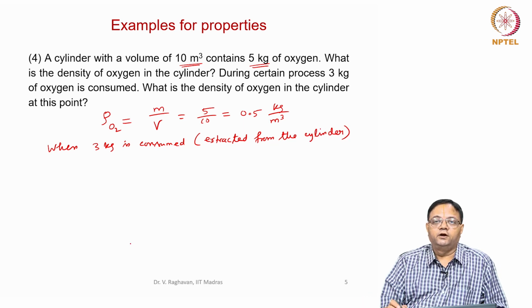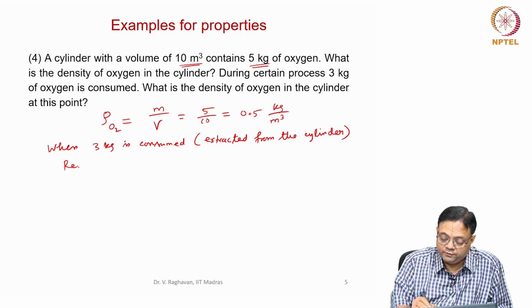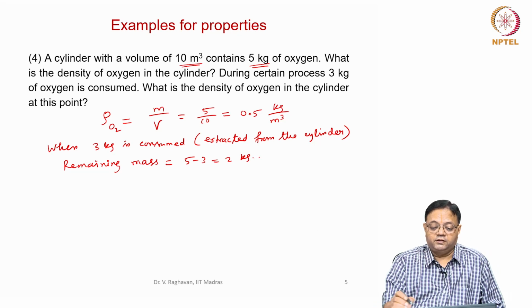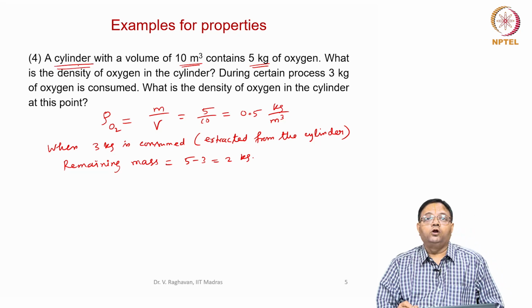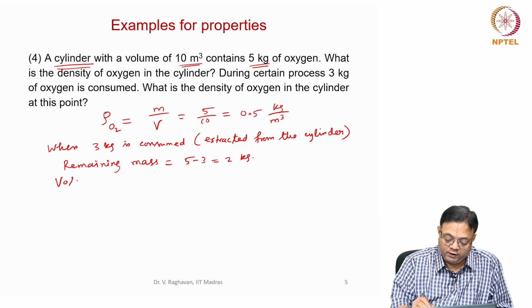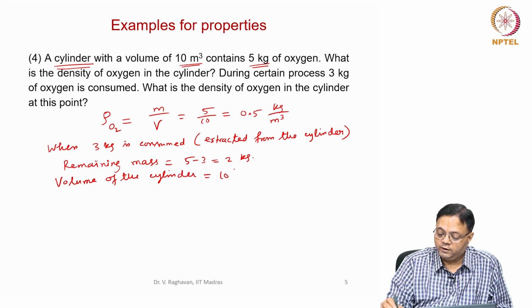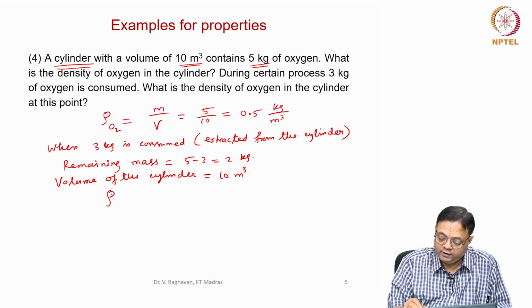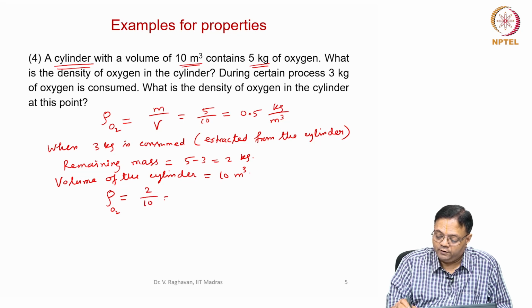Three kg is extracted from the cylinder, then the remaining mass is 2 kg, but the volume of the cylinder will not change. It is 10 meter cube. So now density will be equal to 2 by 10 equal to 0.2.